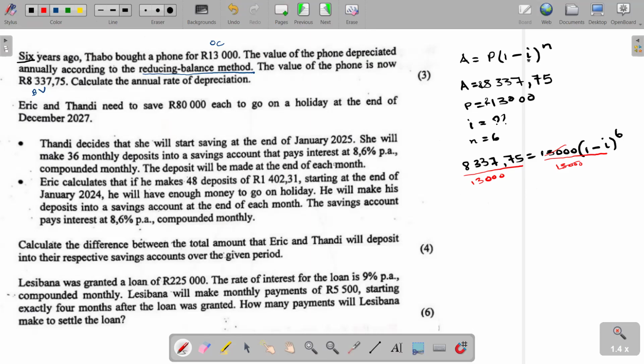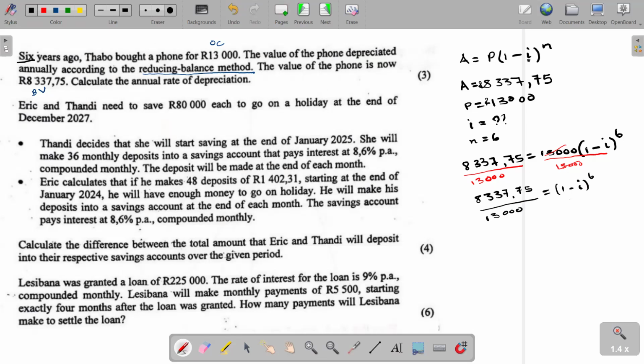You are now left with 8,337.75 over 13,000 being equal to 1 minus I to the power 6. We want to take note of that 6.